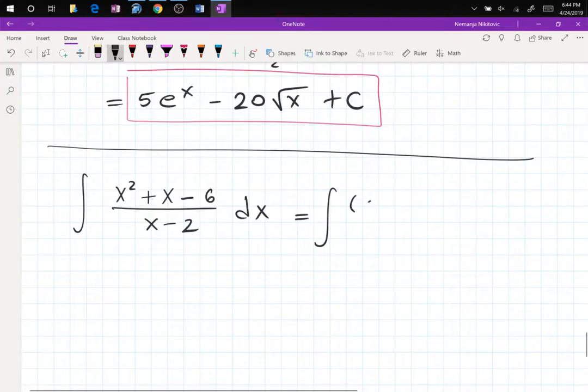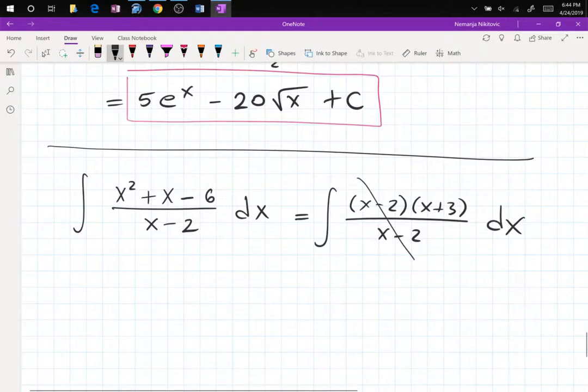So this should factor into x minus 2 times x plus 3, if I did this correctly in my head. And then we see that x minus 2 cancels. So the only thing that I need to integrate is actually, don't forget the parentheses please, x plus 3 dx. What is integral of x?